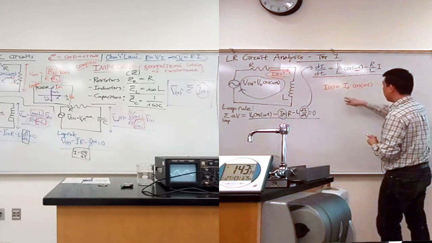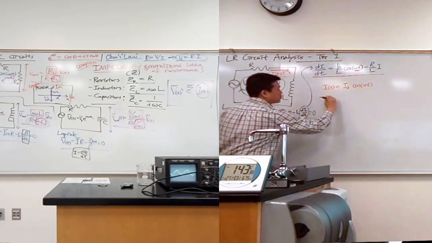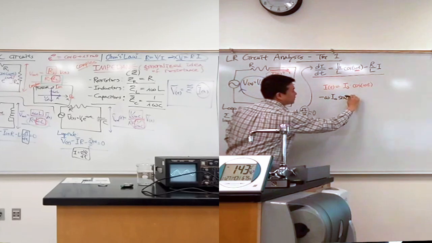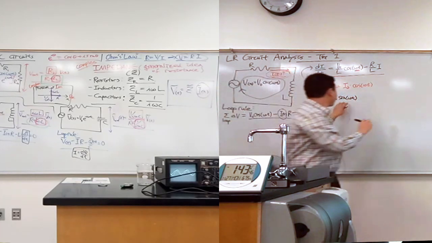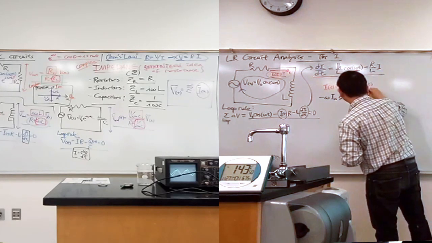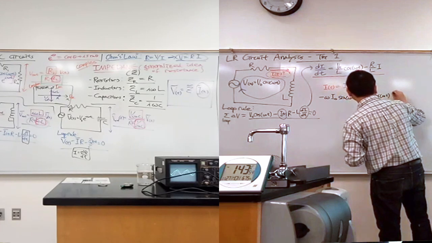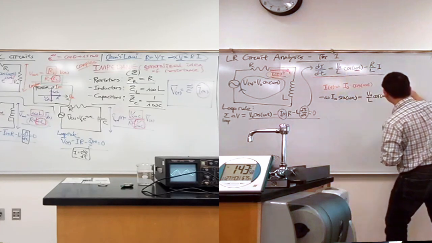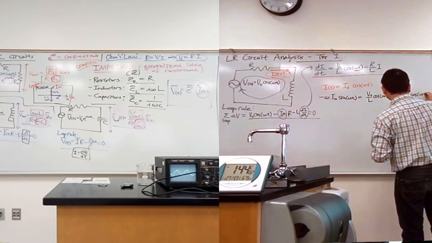Left-hand side becomes the derivative of this. So it's minus omega I naught sine of omega t. That's the left-hand side, the first time derivative. I'm trying to say that's equal to the right-hand side, V naught over L cosine of omega t minus R over L times I naught cosine of omega t.